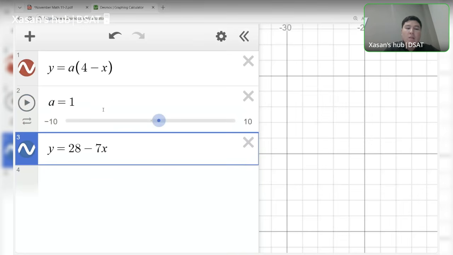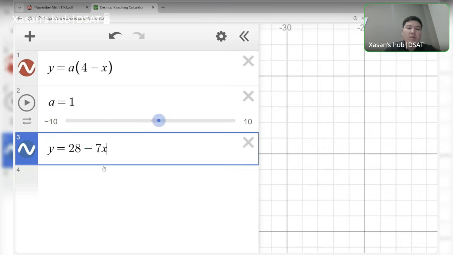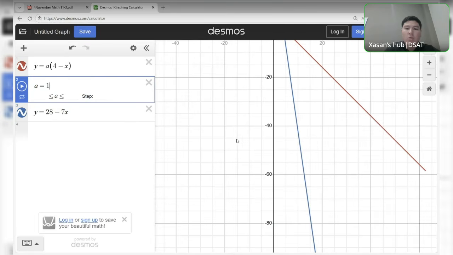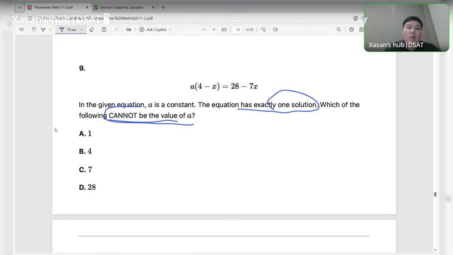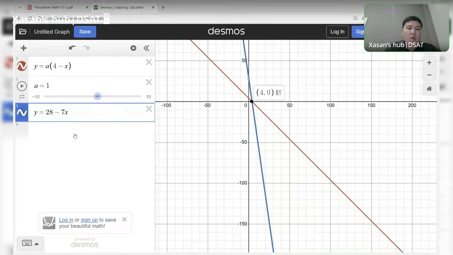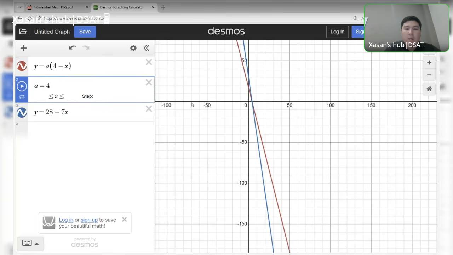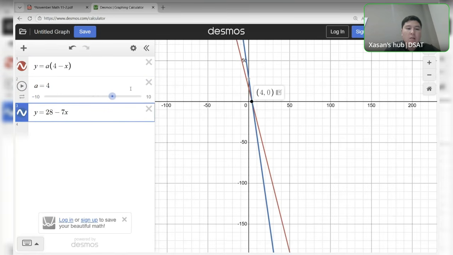And instead of A, guys, write one of the answers, like C. When the value of A is 1, we're having one solution. The question is asking which cannot be, so 1 can be the value, which means it is out. And when you plug in 4, we still have a solution, so that is also possible. And we're going to try 7.